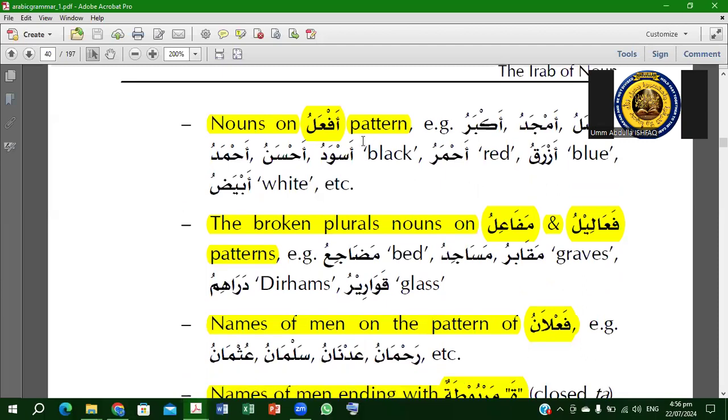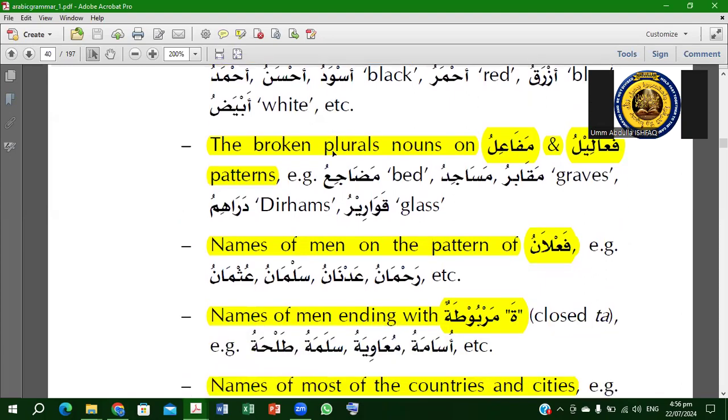So this pattern, you just remember this scale of af'al: akbar, amjad, afdal, ahmad. Those nouns that come on this pattern will also be partly flexible. The broken plural nouns on the pattern of mafa'il or mafa'il, for example, maqabiru, masajidu. Just remember this sound and pattern, masajidu, maqabiru, right?